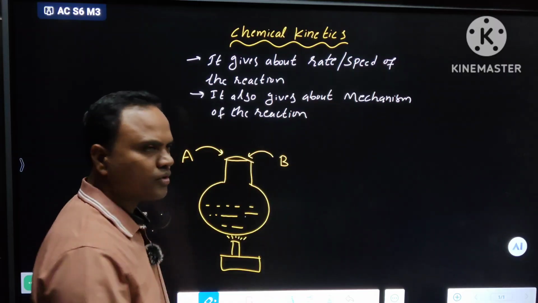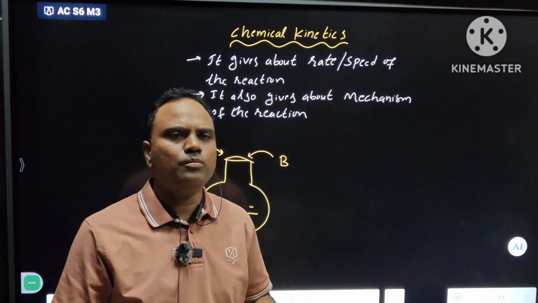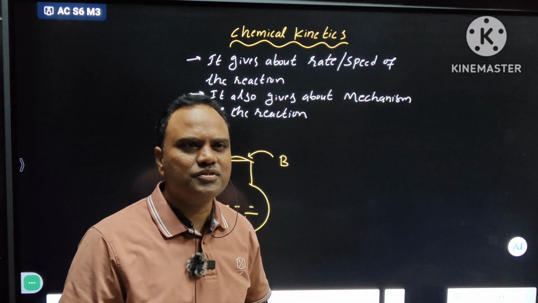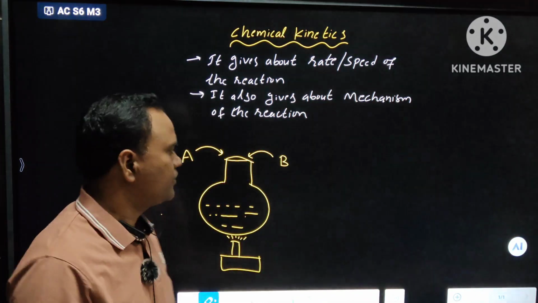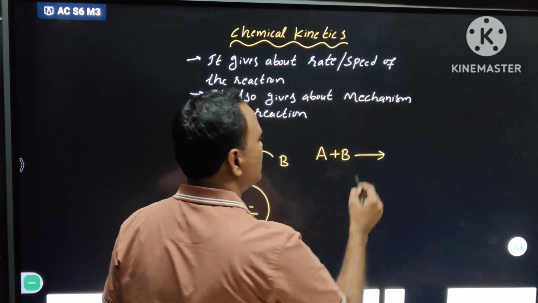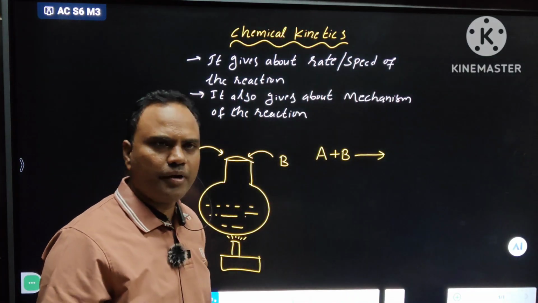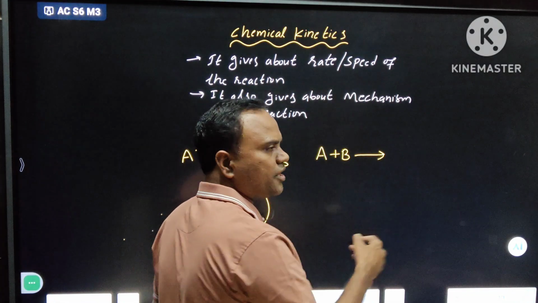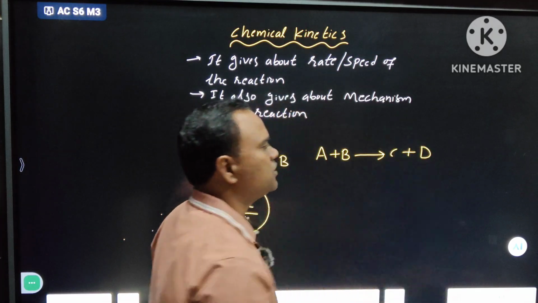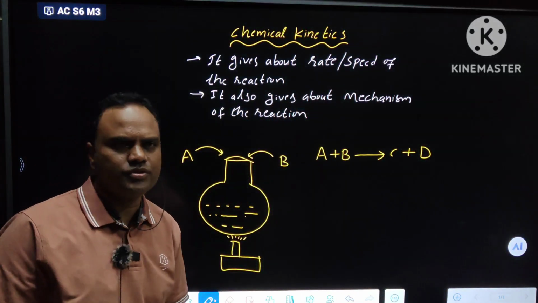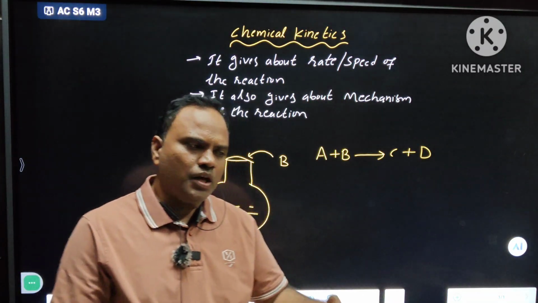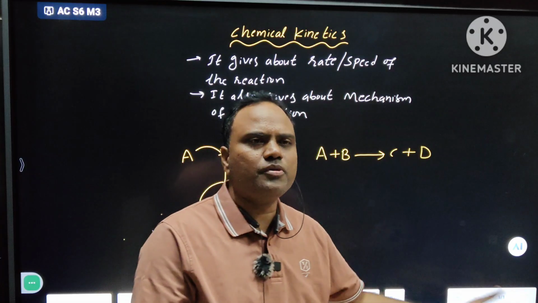When I start heating, both will react together and be converted into products. Clear? Look at this. A plus B. A and B are the reactants. Both are combining together. As time proceeds, A and B are converted to C and D, or C plus D.